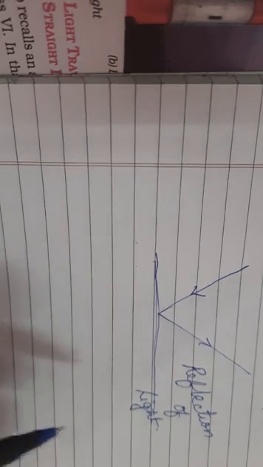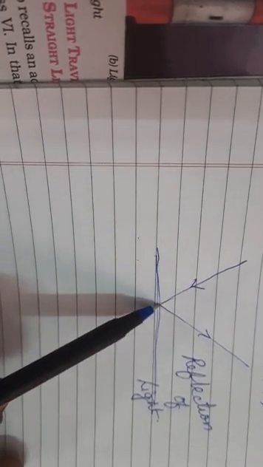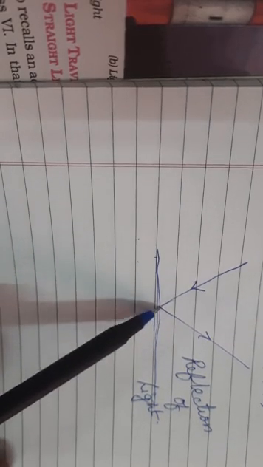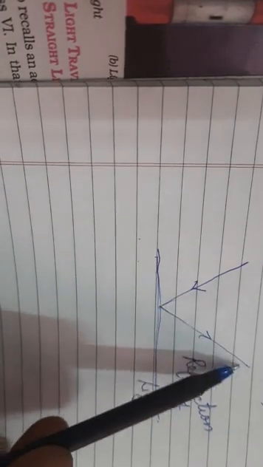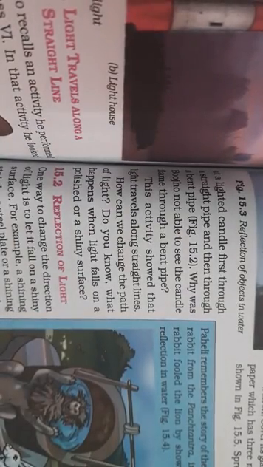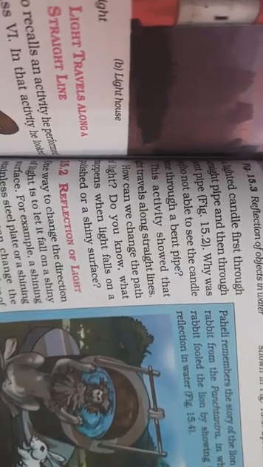Okay, so what is reflection of light? When a ray of light comes and hits any polished surface or any surface, it bounces back. This bouncing back of light is called reflection of light. Okay, so it is because of this reflection of light that you can see.